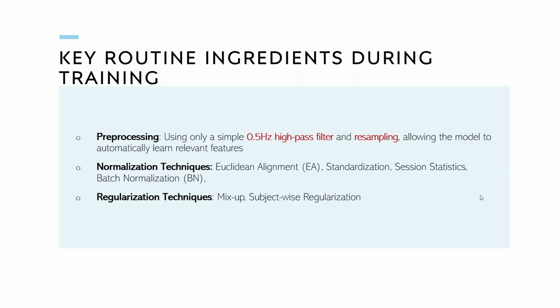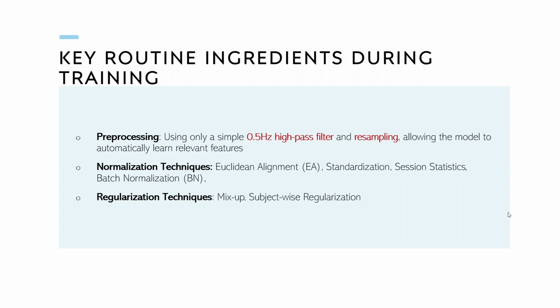Second, session statistics. Normalization is performed using session statistics instead of subject statistics to account for variation between recording sessions. The third one is batch normalization. During evaluation, batch normalization statistics are recomputed directly from the test set data to incorporate personalized, user-specific statistics.